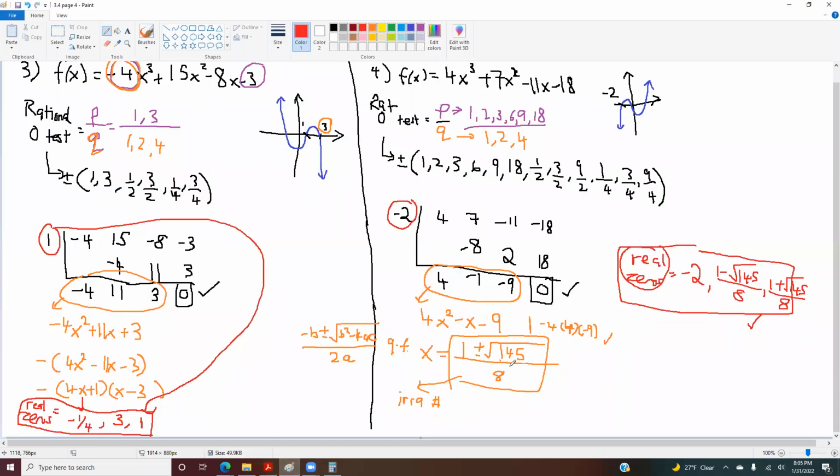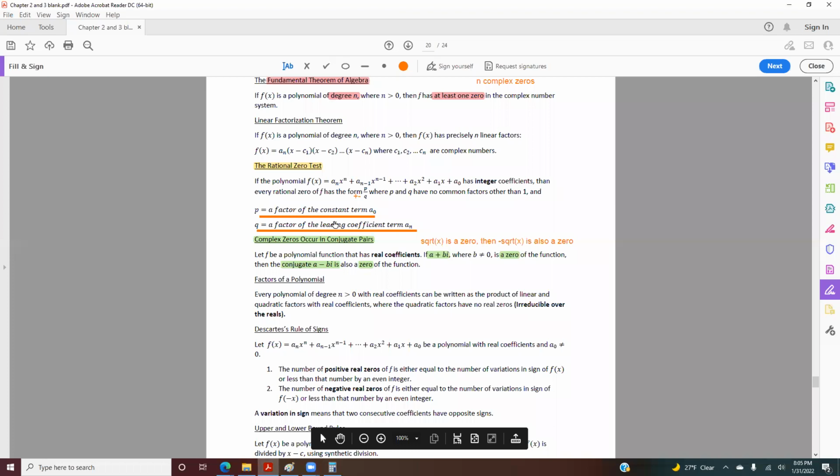That's the reason why when you find that negative root 3 is a 0, automatically positive root 3 is a 0. So this conjugate pair zero theorem can work for complex numbers and also for square roots. This is something very important.